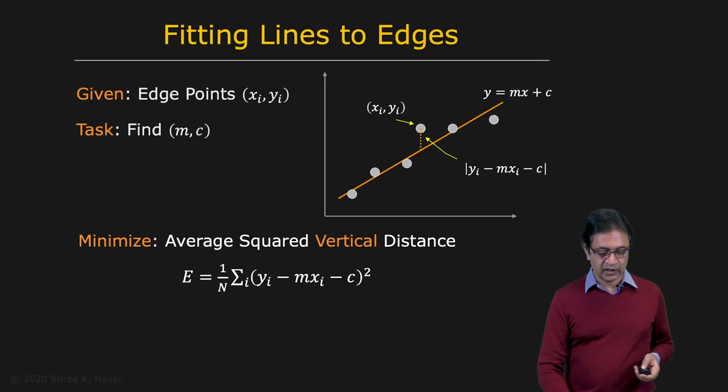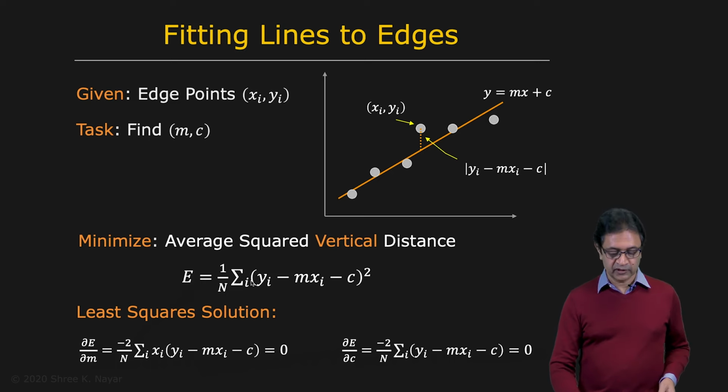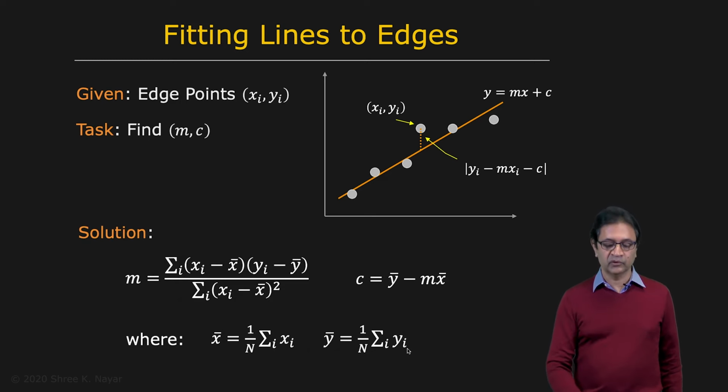And we know how to do that. You would find the first derivative of e with respect to m, set that equal to 0. First derivative of e with respect to c, set that equal to 0, and you get these two equations. Remember, when you find the derivative, you can take the derivative inside the summation because they're both linear operators. And from these two expressions, you get closed form solutions for both m and c.